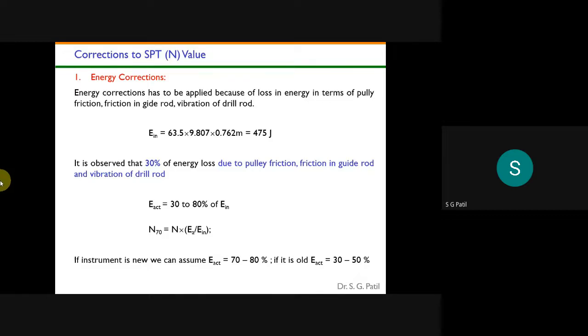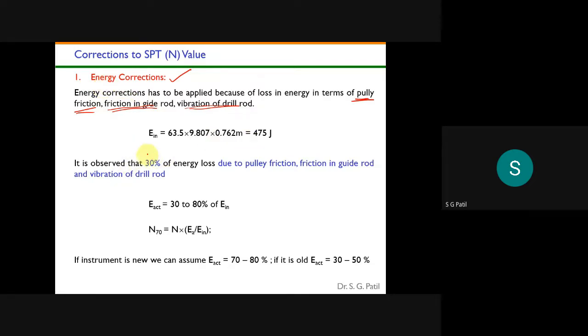So the first correction is the energy correction. What is the energy correction? The energy correction has to be applied because of loss of energy in the form of pulley friction, friction in the guide rod, and vibration of the drill rod. Because of these losses in energy, I have to apply some energy correction.